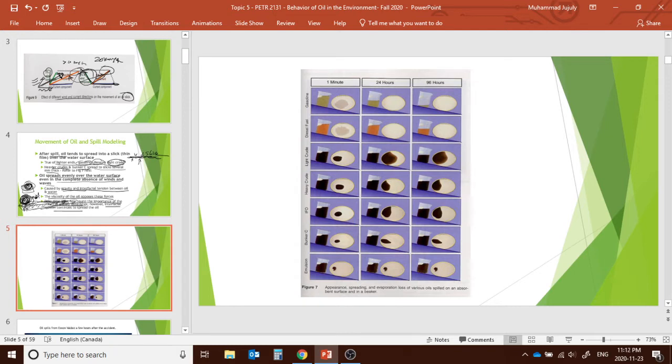This is a figure. It shows different oils: gasoline, diesel, fuel oil, and goes to bunker and emulsion. That means viscosity, sorry, it will be the other way around.